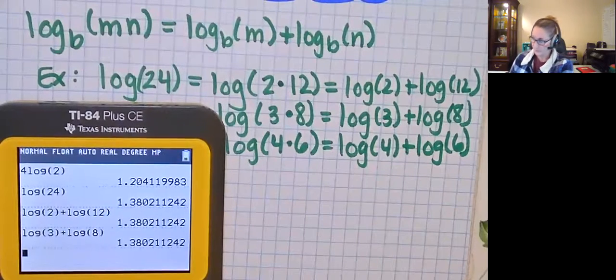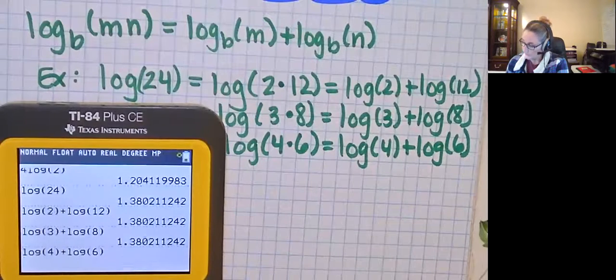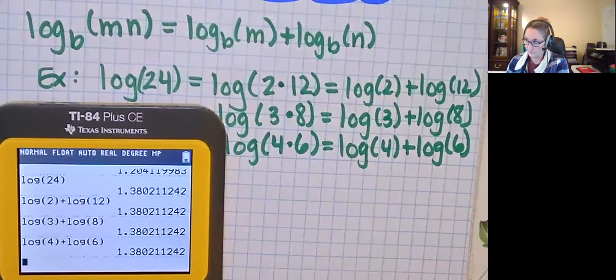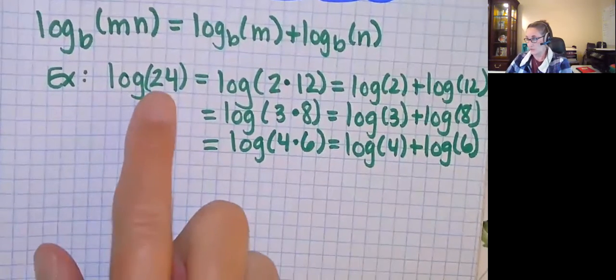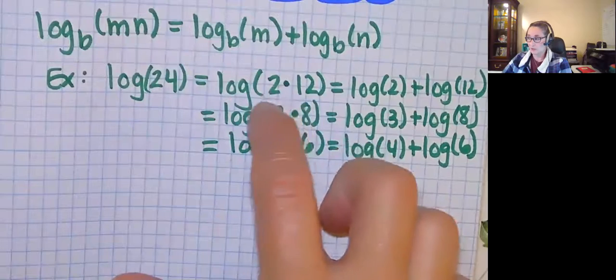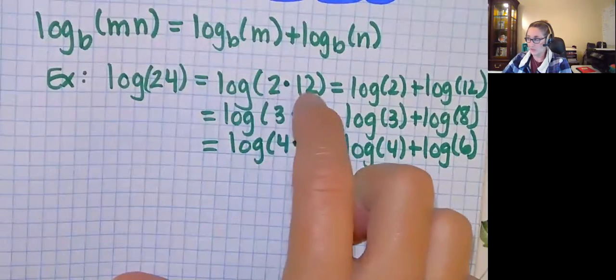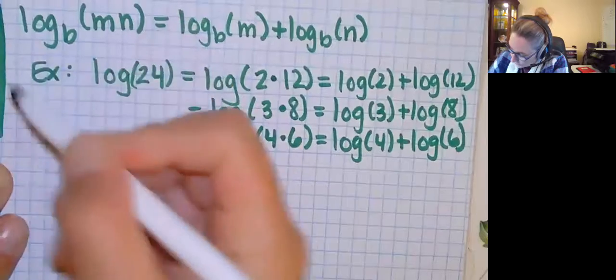You see I get the same thing. Log of 4 plus log of 6. All of those gave me the same thing. So when I am taking log of a product, I can break it down to log of one of the factors plus log of the other factor. Okay, so that is one property.